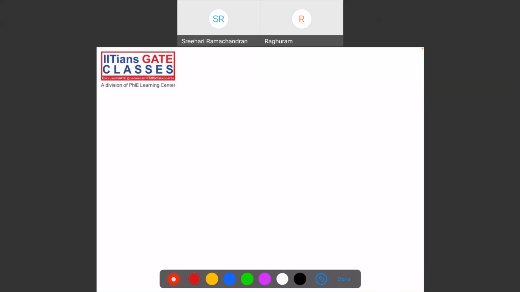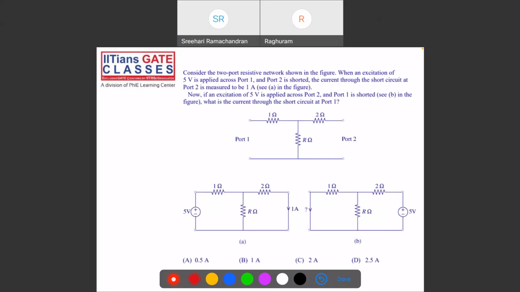See again. Consider the two-port resistor network shown when an excitation of 5 volts is applied at port 1. Port 2 is shorted. I cannot see the slide, sir, because it's not updated. Okay, right now it's updated. Consider the two-port resistor network shown in the figure.